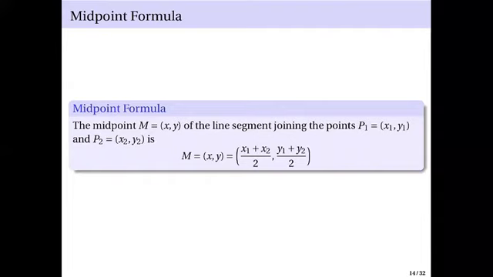So, for example, as an illustration, say this is your P1, this is your P2, you get the line segment. The midpoint is the one that is exactly at the middle. So this is your capital M.